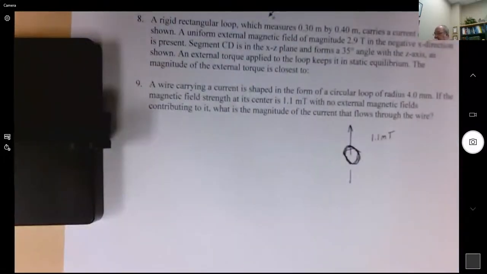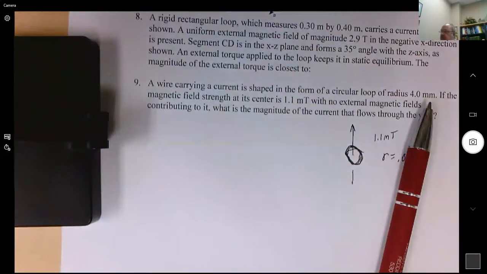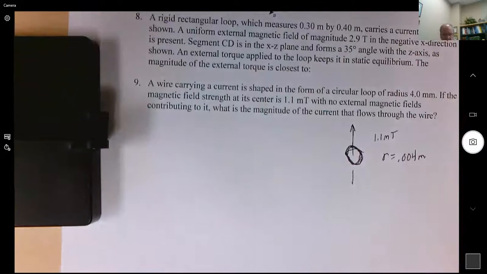And my radius is 0.004 meters, converting from millimeters. So we look at inducing currents from magnetic fields.